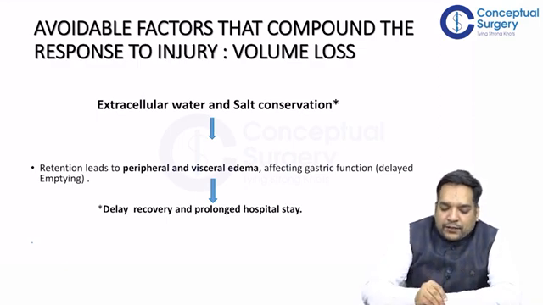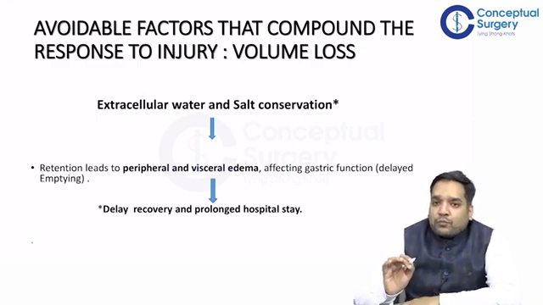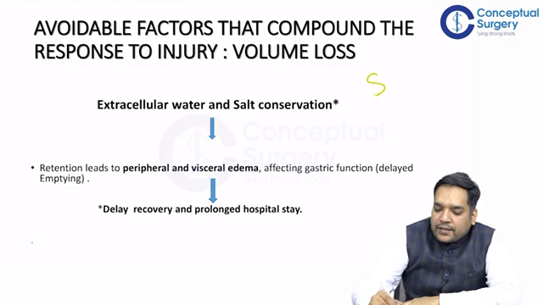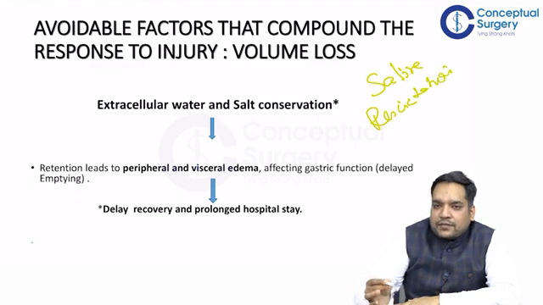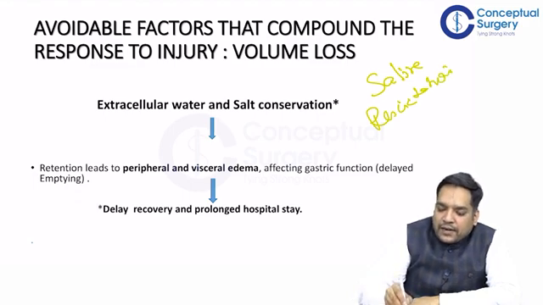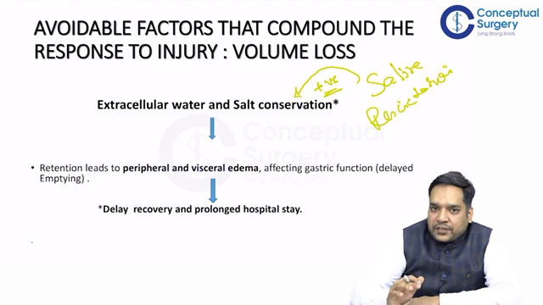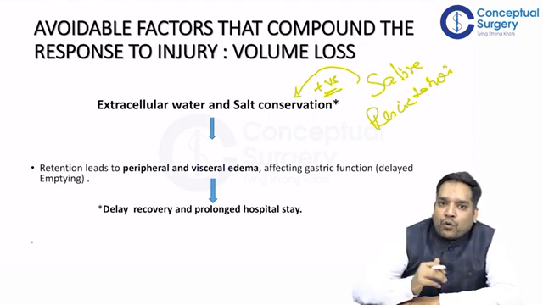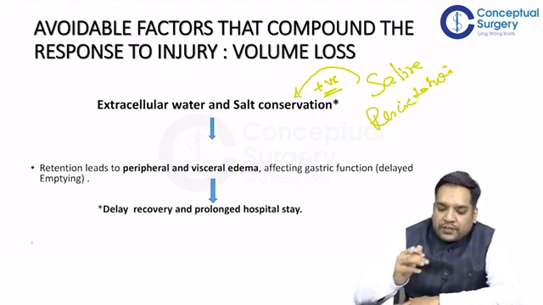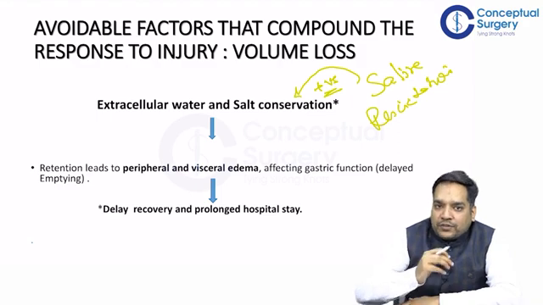It is important to know that saline resuscitation, which is very commonly done in clinical practice in some places, can augment this conservation or retention. So this can make the situation bad. Saline resuscitation can lead to more water and salt conservation and can compound the injury.